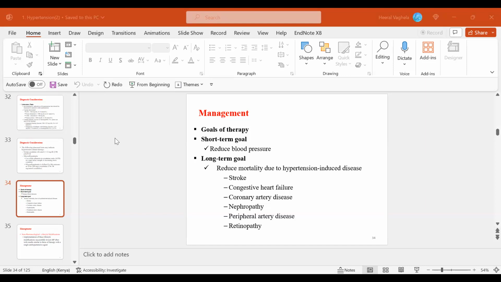Yes, diuretics are actually the first line in hypertension. Any other? For blacks, is it the loop diuretics? For blacks, I think the first line, you always use the calcium channel blockers plus a thiazide. I think that's the first line.